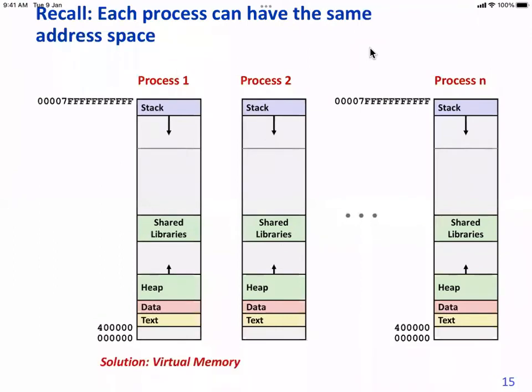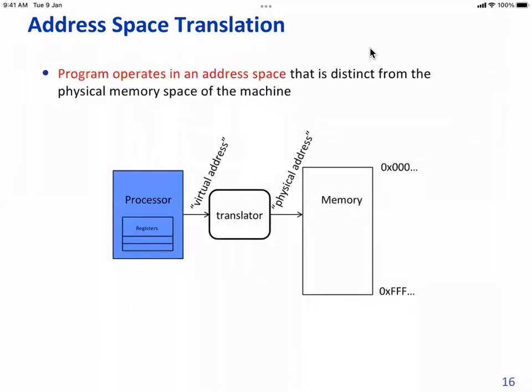All right. And then we have seen that your program executes in a virtual address space, and there's a need for a translator for conversion into the actual physical address space, right?